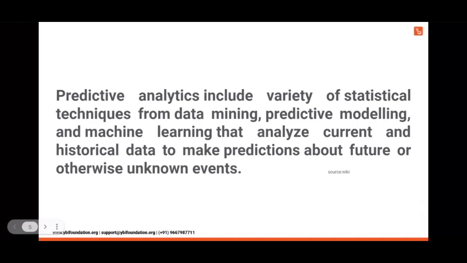Role specific? Problem specific? We will see the use cases later on, and we'll find that predictive analytics is something we can use across domains, across roles, across problem statements, wherever the intent is to forecast and to predict.